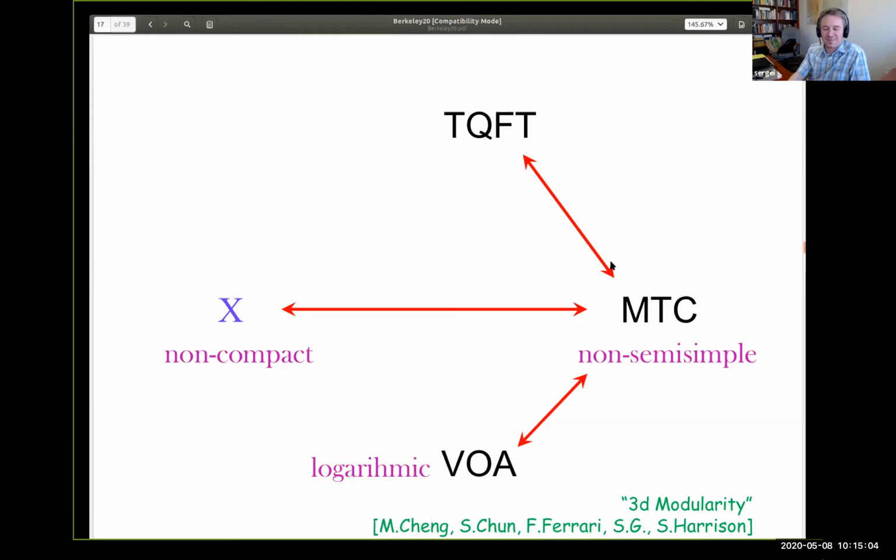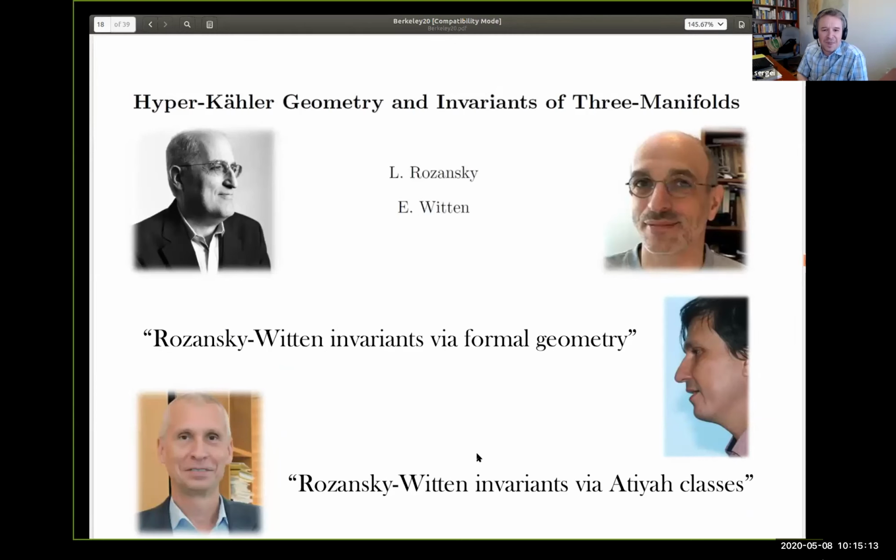Well, once I explain that MTC is pretty much the same information as TQFT or equivalently the representation category of a vertex algebra, I can give the following answer. There is a way to go between geometry and TQFT proposed by Rozansky and Witten. They say that if you have a hyperkähler manifold, you can attach to it a three-dimensional TQFT.